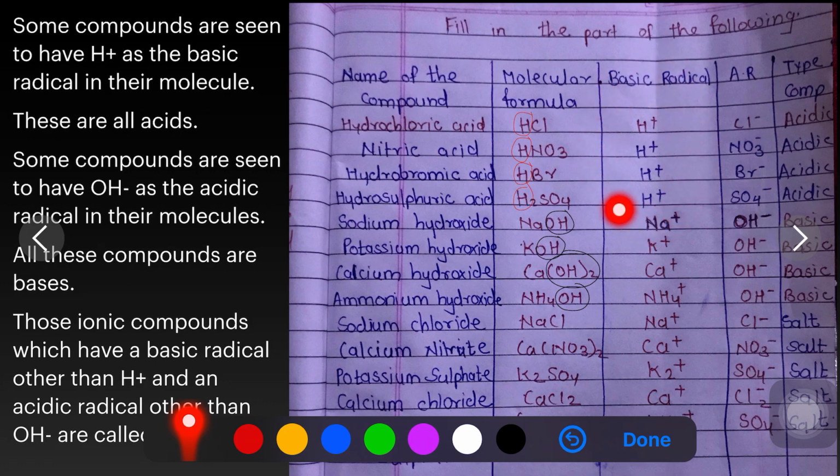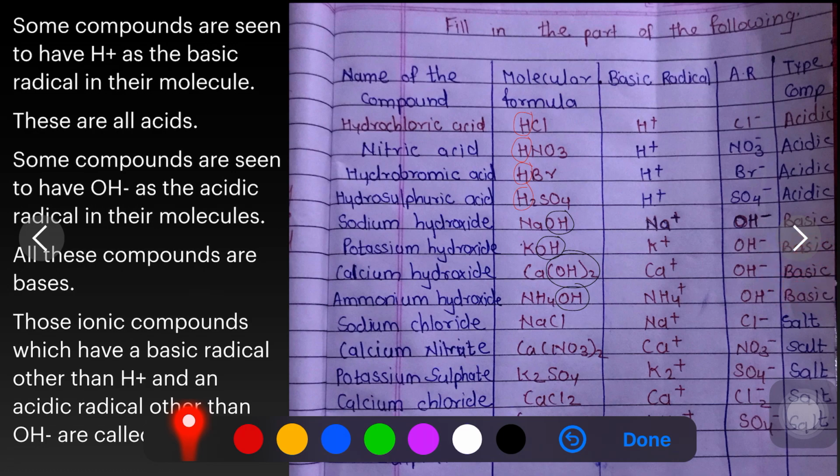H plus as a basic radical means it is acidic in nature. Now next you see NaOH, KOH, CaOH, NH4OH. These compounds will have OH minus. Are you getting it, students? OH minus means hydroxide is in the compound. It is a base.